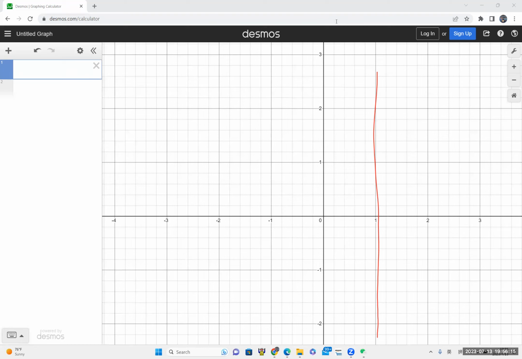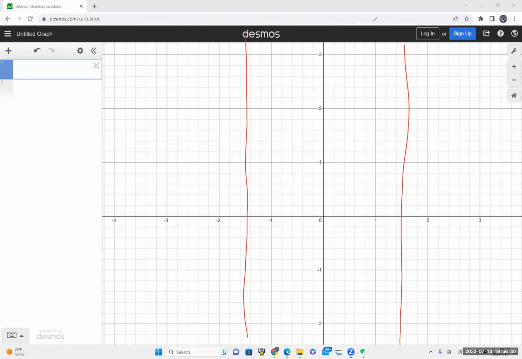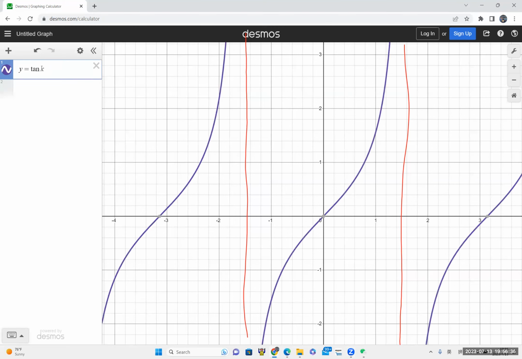So it's about here, which is the asymptote. As you guys mentioned, the range is negative infinity to infinity, right?